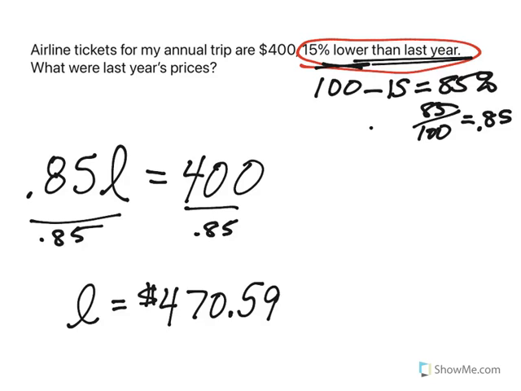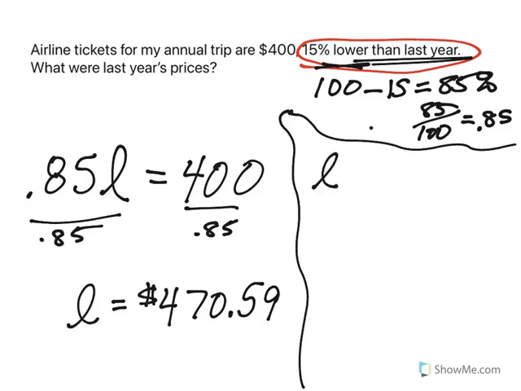Now, one other way you can think about this is to say, if I take last year's and subtract 15% of last year's, that will give me the 400. So L stands for last year's ticket prices, which we don't know.